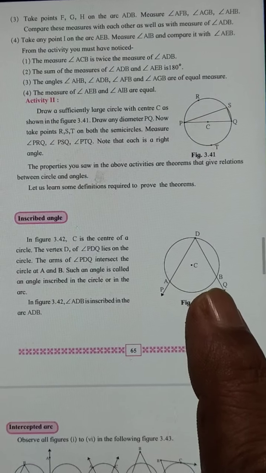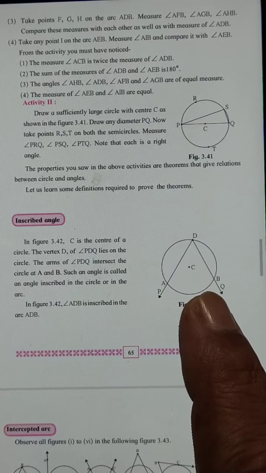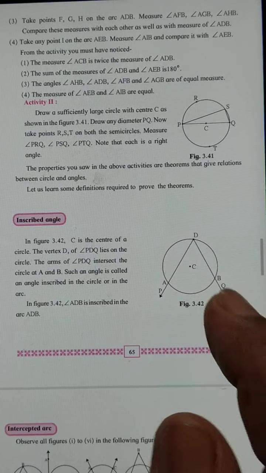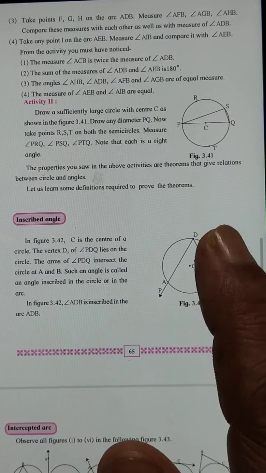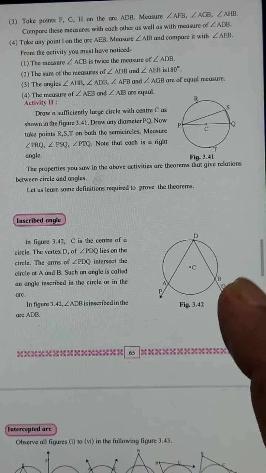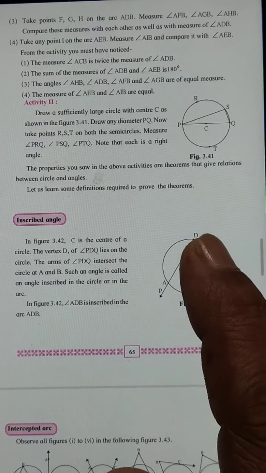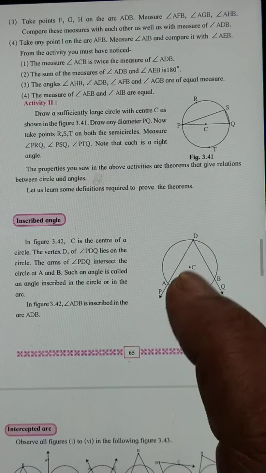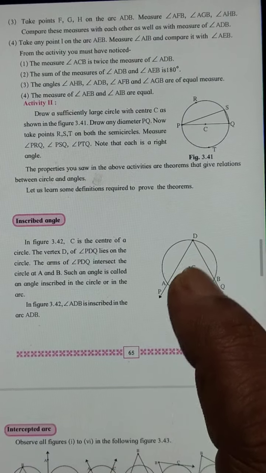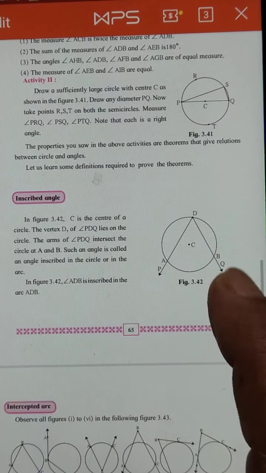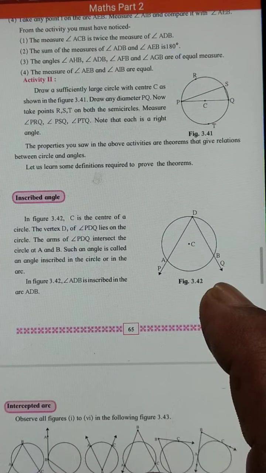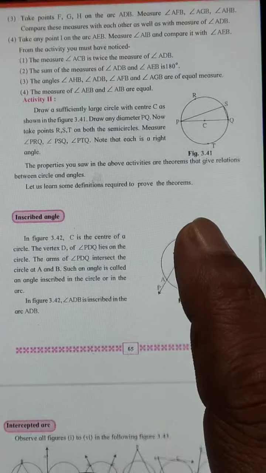C is the center of a circle, and the vertex D of angle PDQ or angle ADB is the vertex. So the vertex D of angle PDQ lies on the circle.